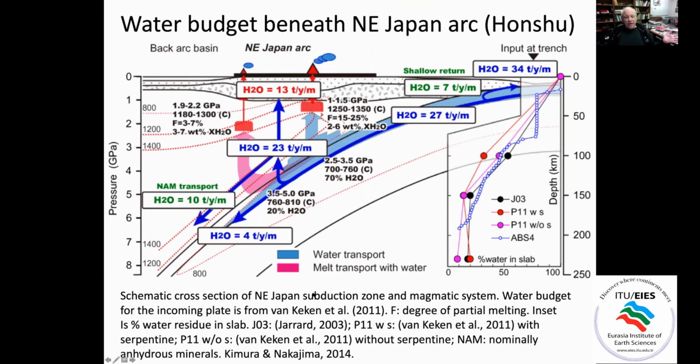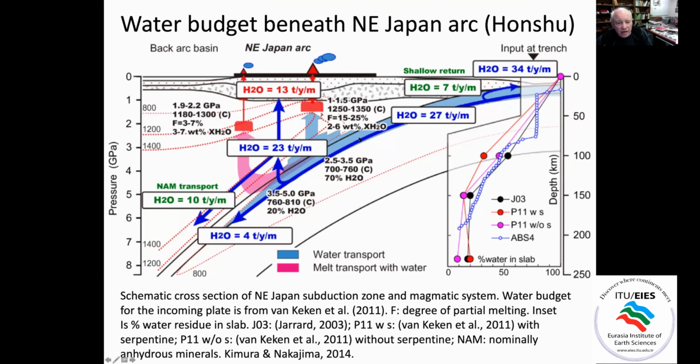So there's an entire study of how fluids are moving through this system. And this is a very complicated diagram that was done by Kimura and Nakajima. They're trying to show how much water is coming in with the subducted plate, and then where that water is coming out.